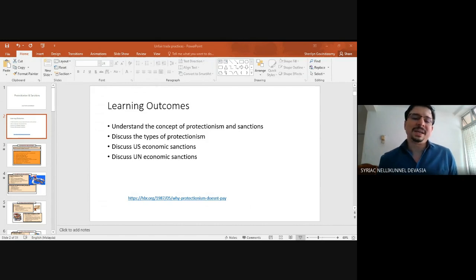That's called a multi-fiber agreement, especially for textile products. It was phased out by 2005. Once this agreement finished in 2005, there was no longer any quota. You can export as much as you require.